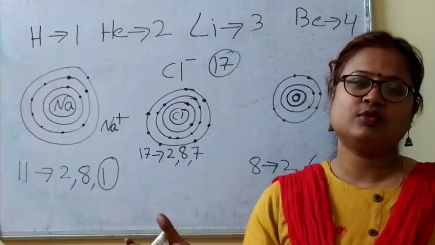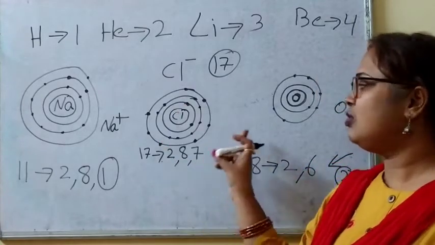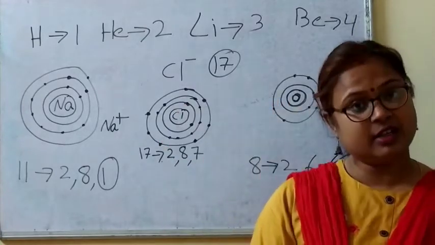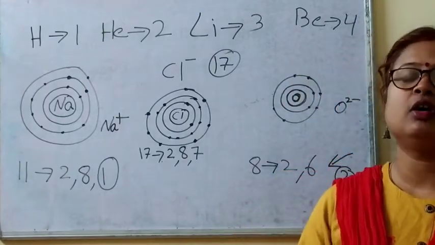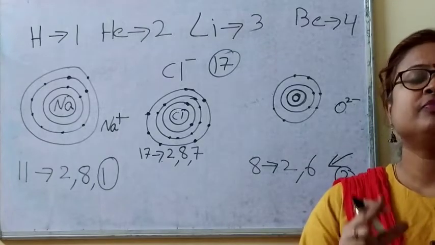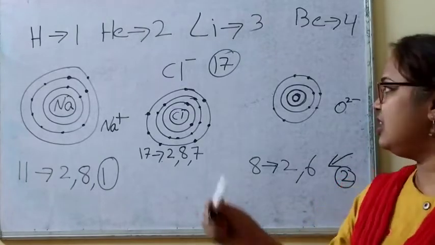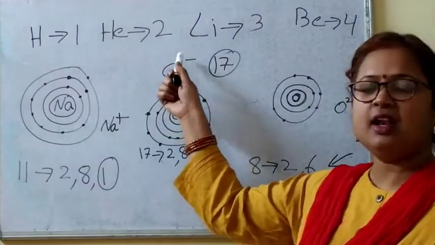And everybody wants to save energy. So chlorine takes 1 electron from the other element, and so the combining capacity of chlorine is 1. Taking an electron means which charge will develop? Negative charge will develop. Clear? And that is why you must have seen in the book it is written Cl minus.